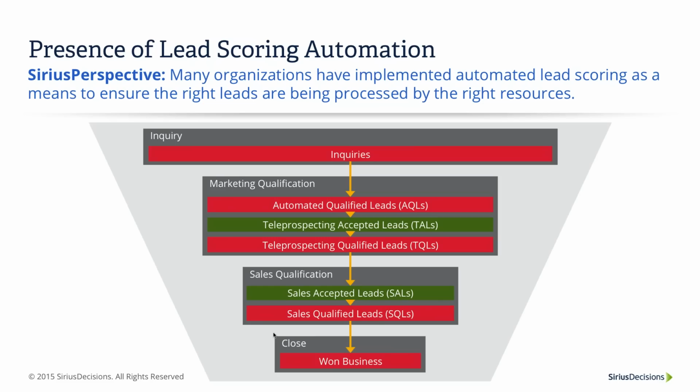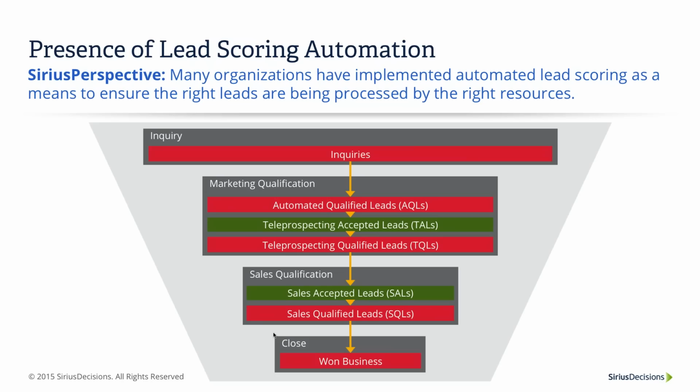And the minute it meets that lead score, it knows that it's met the criteria that teleprospecting was asking for, and it can automatically send that lead on to teleprospecting. And so it automates the process of ensuring that what's being sent to teleprospecting is a good and strong lead based on what was agreed.